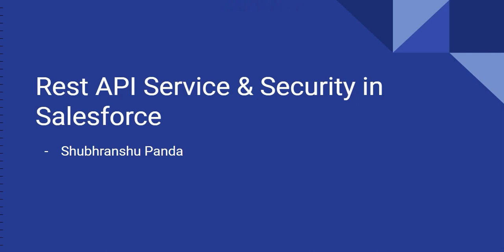How can you secure these REST APIs or the SOAP APIs from third parties? In today's world, the security mechanism is the most important thing for everybody. So that's our motto for this tutorial and this session.